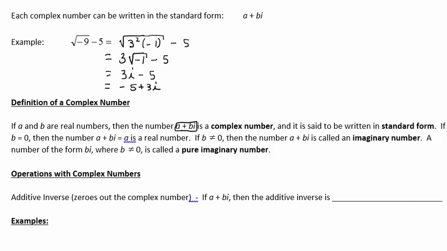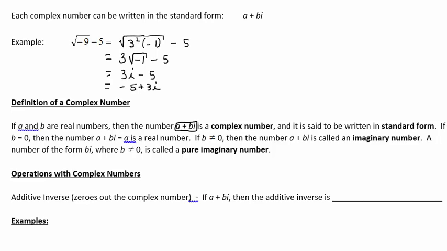If b equals 0, think about what happens here, that zeroes out. Then the number a plus bi would just equal a, the real part or the real number. If b does not equal 0, then the number a plus bi is called an imaginary number.